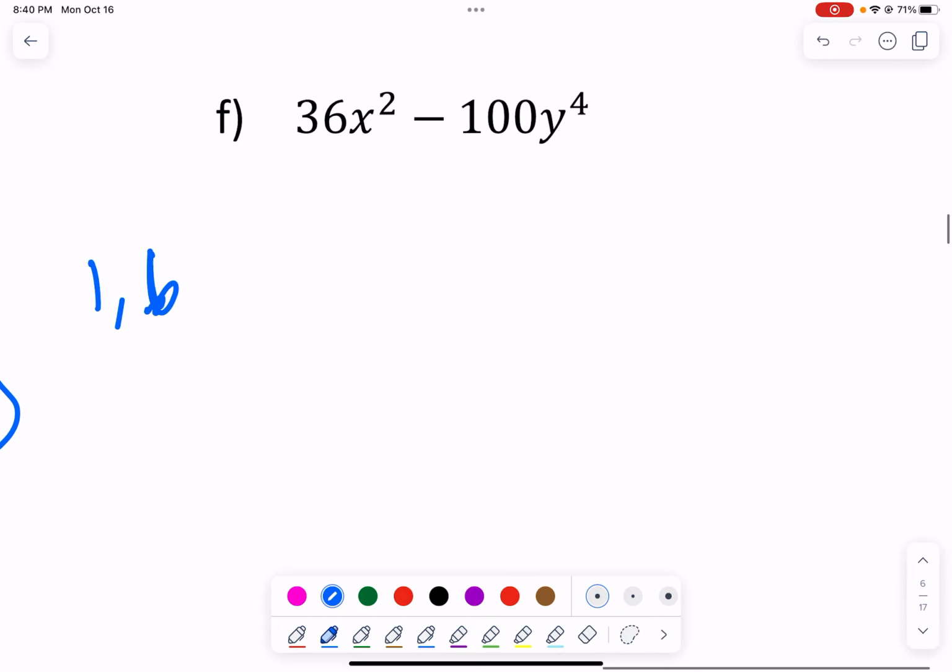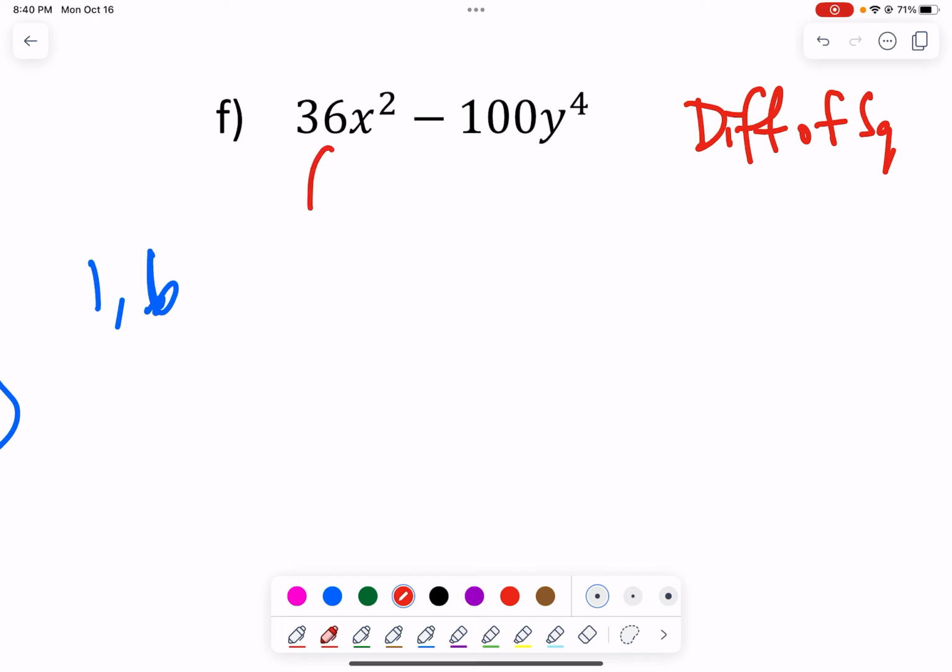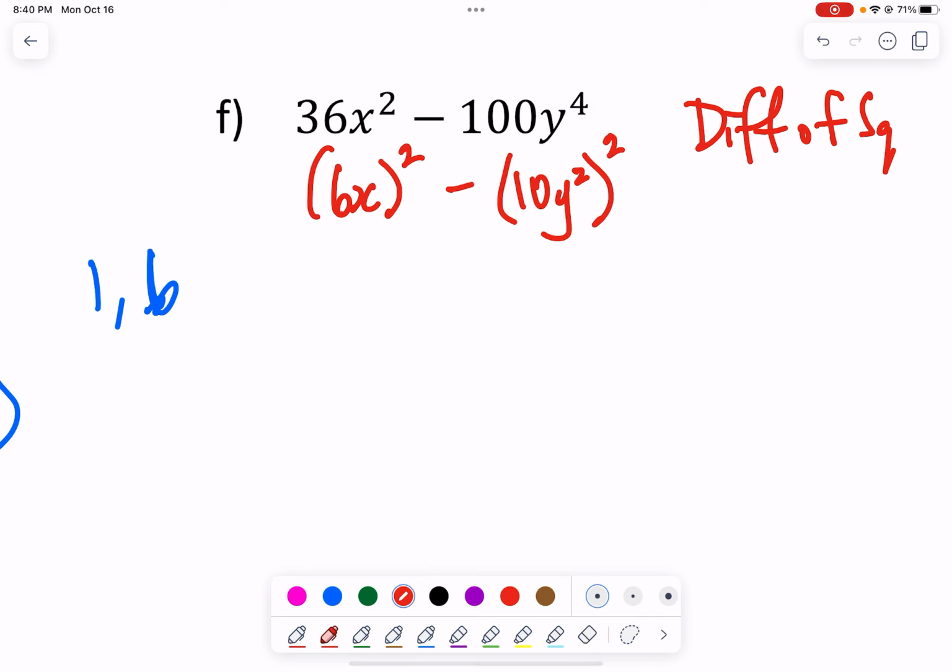F. I've got two terms. I see a 36 and 100. Those are both perfect squares. So this is going to be a difference of squares. So it would be the same as 6x squared minus 10y squared. And remember, normally it would be a plus b, a minus b.